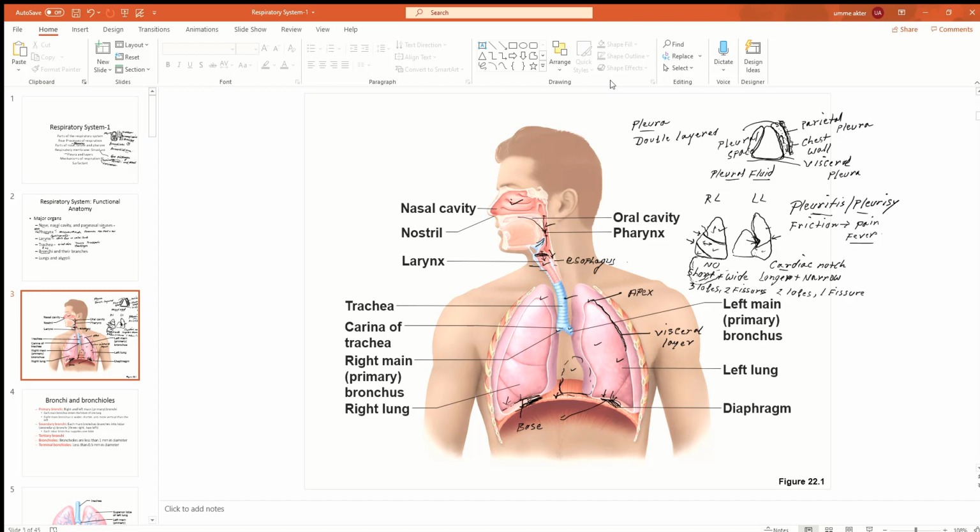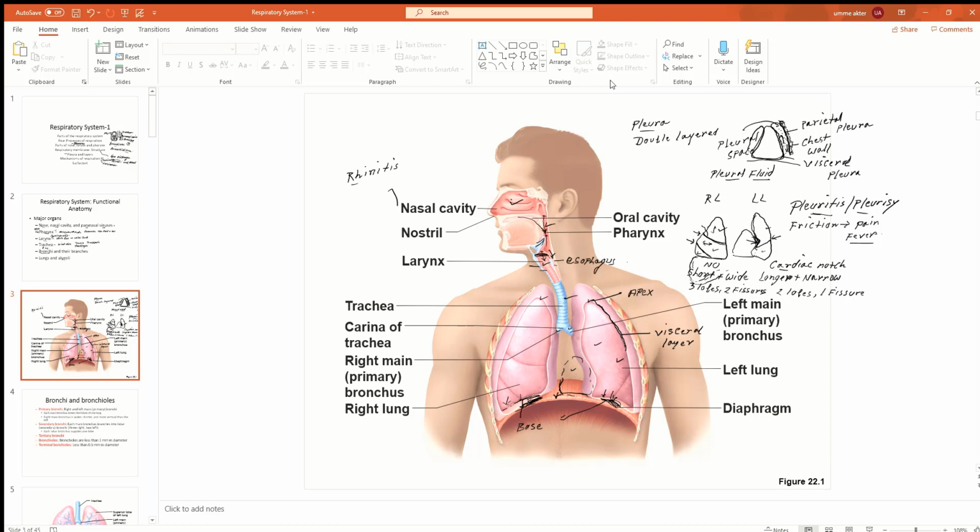Also, inflammation of the nasal cavity is called rhinitis. Rhino indicates nose, like rhinoceros. So rhinitis, rhino is nose, itis is inflammation, of the nasal cavity, right?